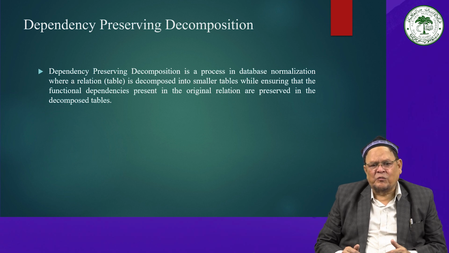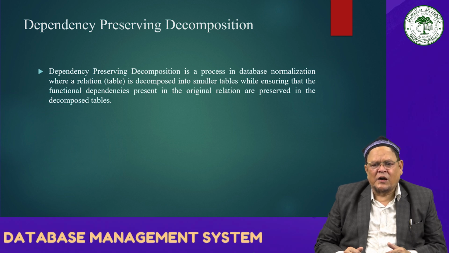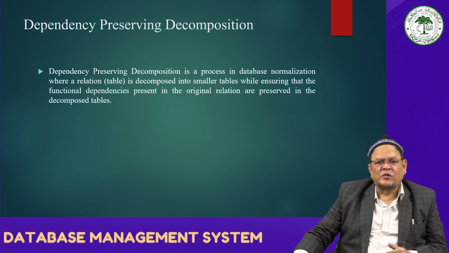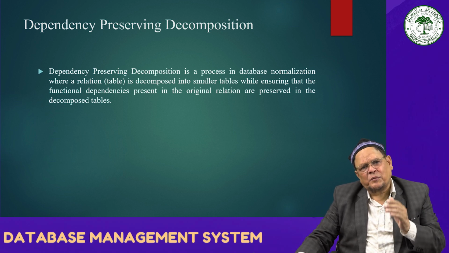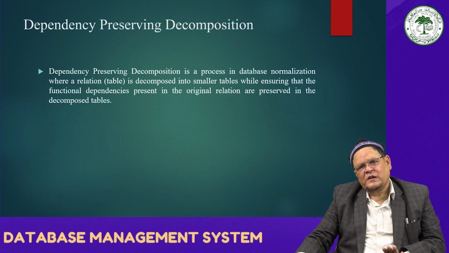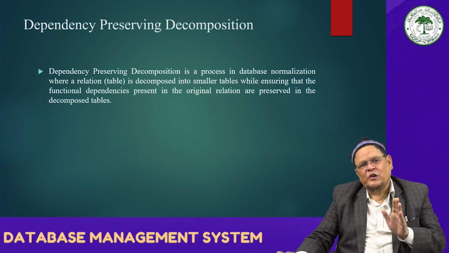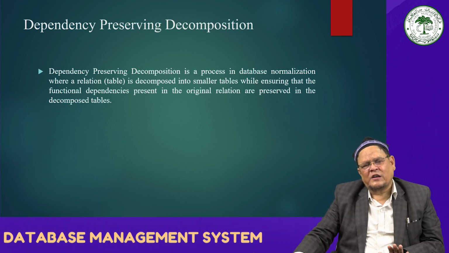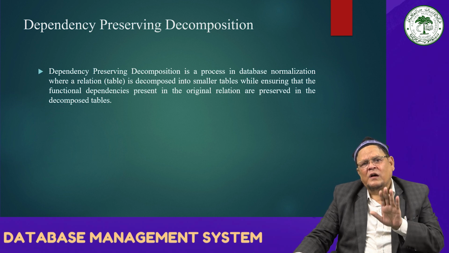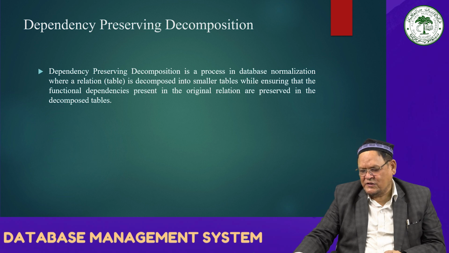Dependency preserving decomposition is a process in database normalization where a relation is decomposed into smaller tables while ensuring that the functional dependencies present in the original relation are preserved in the decomposed tables. It means all the functional dependencies must be preserved. I mean to say that when you join the decomposition, then we are able to find all the attributes, all the functional dependencies.